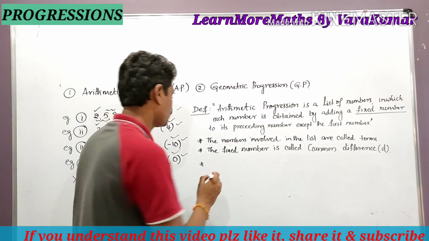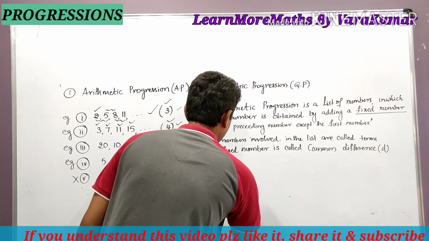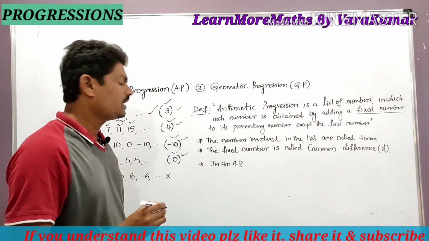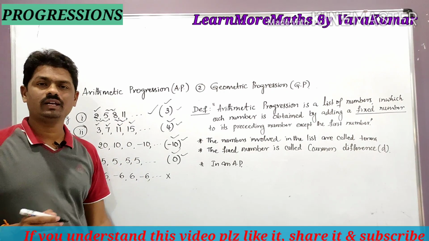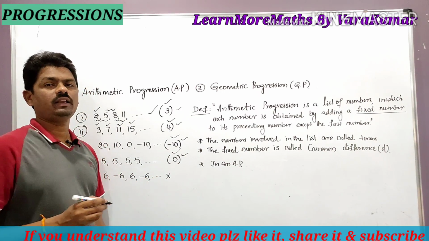In an arithmetic progression, if the first term is denoted by A1, the second term by A2, the third term by A3 and so on, the nth term is denoted by An.